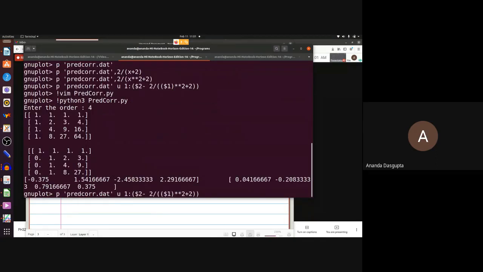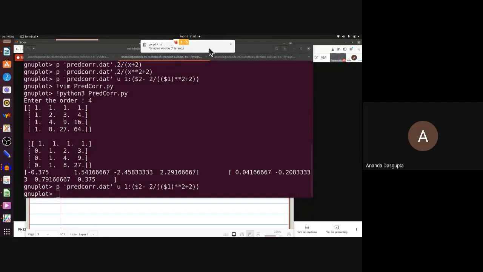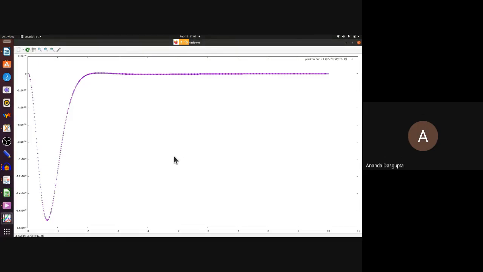And let's plot the error again. Now, this error for a smaller value of h actually goes the other way. But we are really interested in the absolute size of the error. That was 10 to the minus 5 order. What is the error here? It's 10 to the minus 9 order. So the error has fallen by 4 orders of magnitude because you have cut down the step size by a factor of 10, which is exactly what a fourth order method is supposed to do.